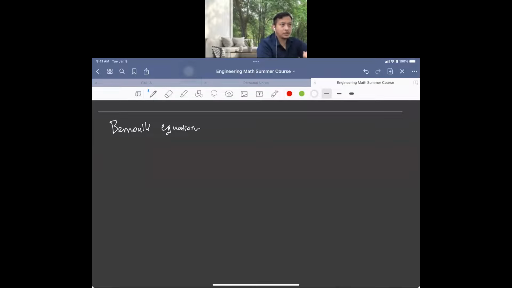Okay, Bernoulli equation. So there is a general rule for substitution that always works. We can write the equation as dy over dx plus p of x y equals f of x y with power of n. This is called the Bernoulli equation.